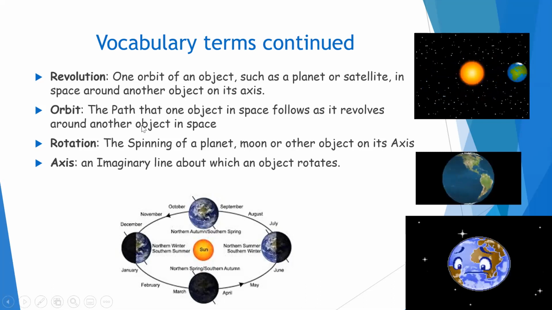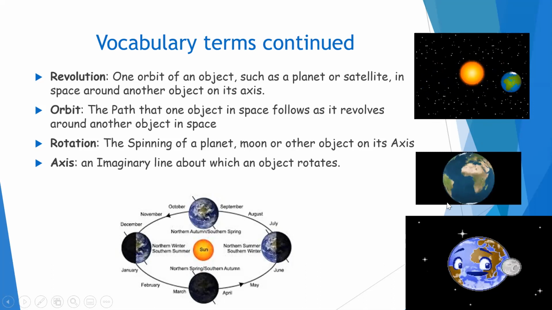Then we have rotation, which is the spinning of a planet, moon, or other object on its axis. There is a difference between a revolution and a rotation. If we look at this picture, Earth is rotating while it's revolving around the sun.